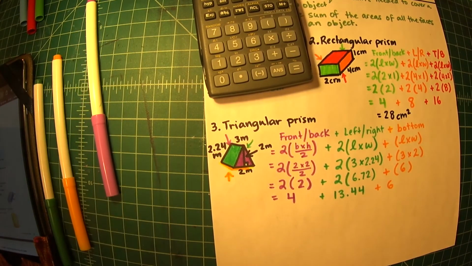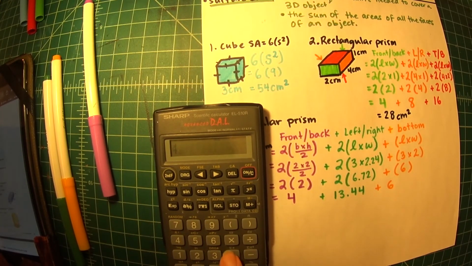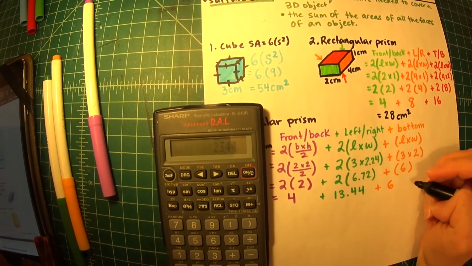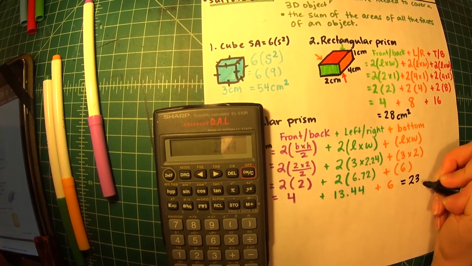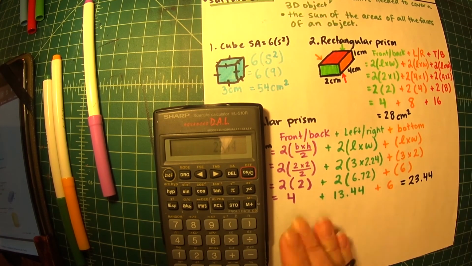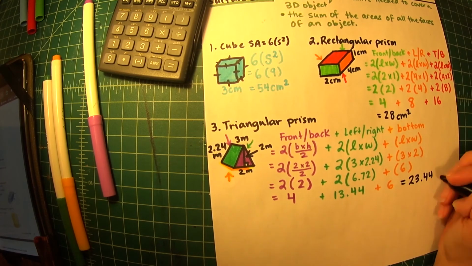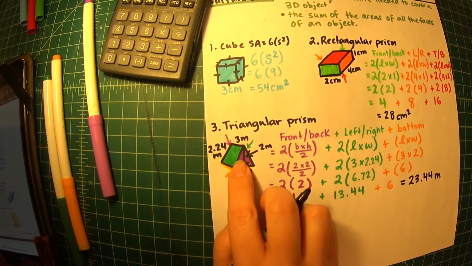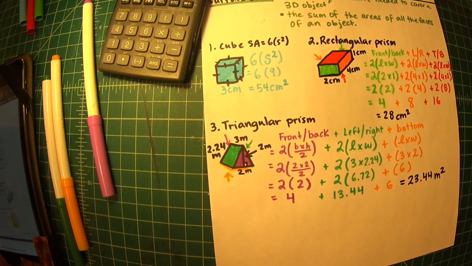So now what I can do is 4 plus 13.44 plus 6. I'm just adding all of my matching faces together to get a grand total of 23.44. I'm not done yet because I need to include units. So original units were meters, and now I'm talking about area, so it's got to be meters squared.